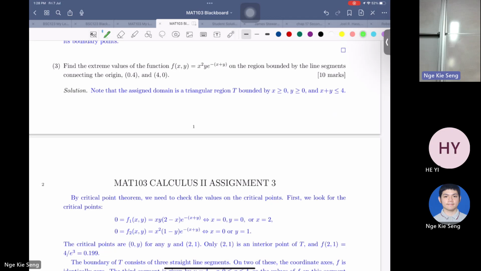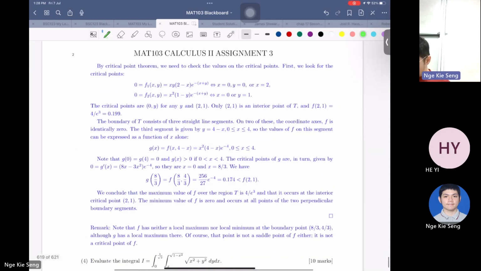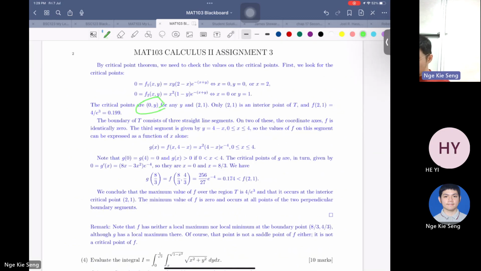In particular, in this question, actually you can find 3 critical points. One is, like what you say, a critical point on the whole boundary line, (0, y) and (x, 0) I guess, and then (2, 1).